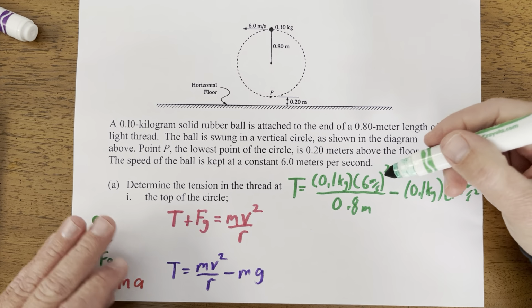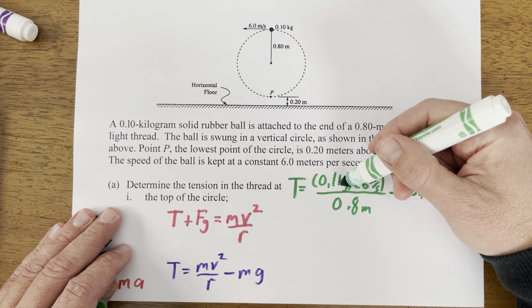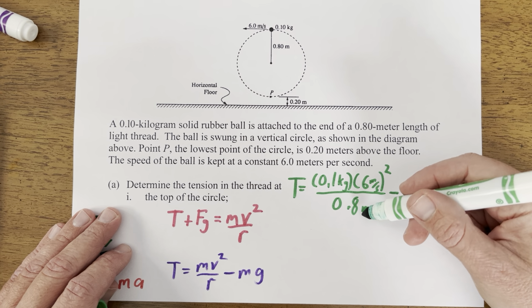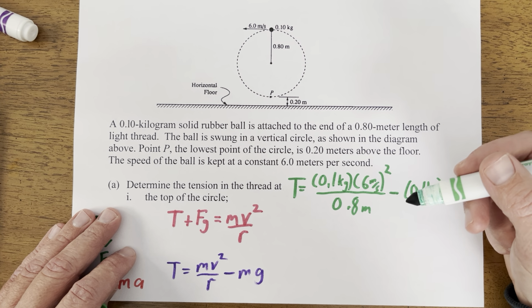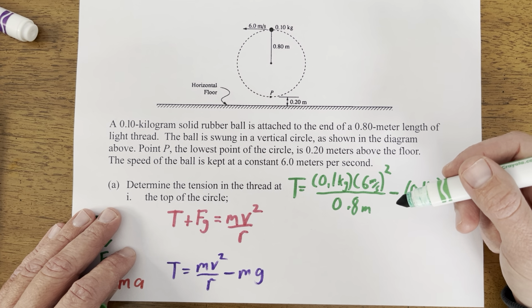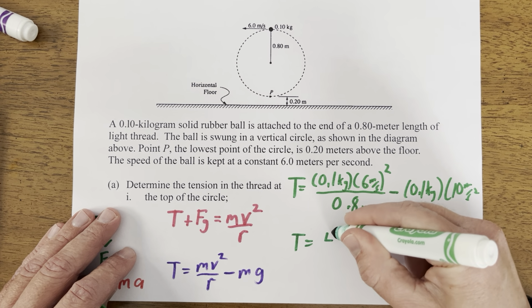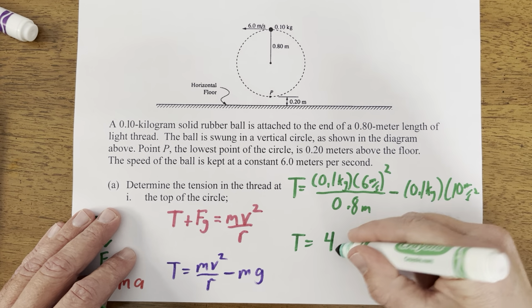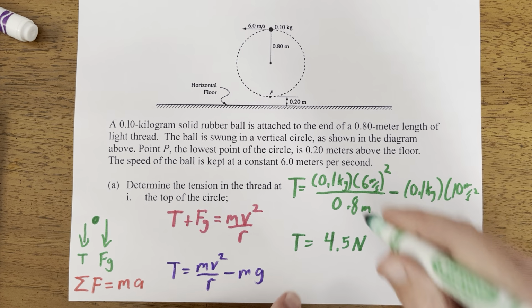6 squared is 36, times 0.1 is 3.6, then we divide that by 0.8, so we multiply by 10, we're back to 36, and then we divide 36 by 8, which gets us to 4.5. So 4.5 newtons is the first term.